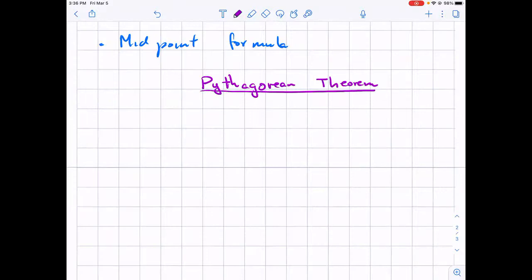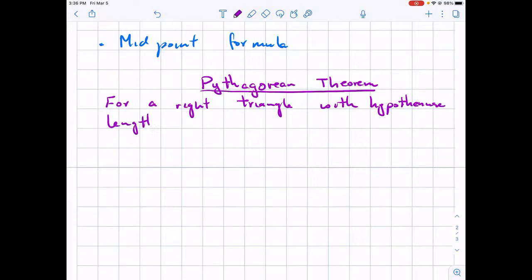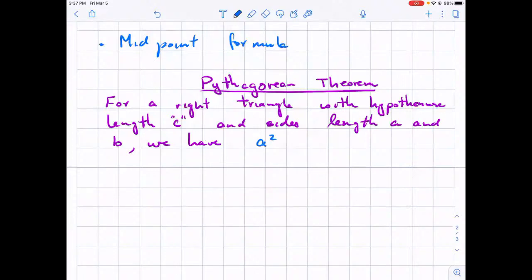Okay, so for a right triangle, with hypotenuse length C, and the hypotenuse is the longest side, and sides length A and B, we have a squared plus b squared is equal to c squared.